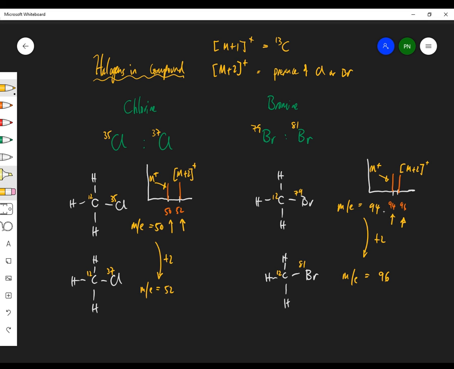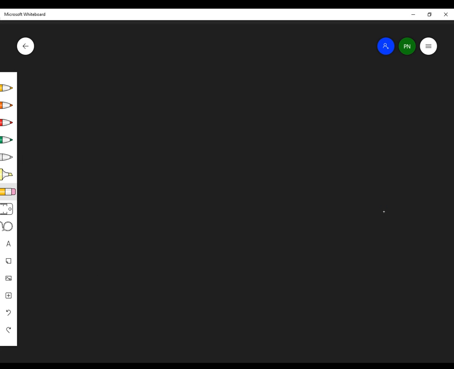And now, what halogen is present? Okay, let's have a look at this. What halogen is present? Because you get an n+2 peak for both of them. So let's have a look at a nice simple one. There we go.